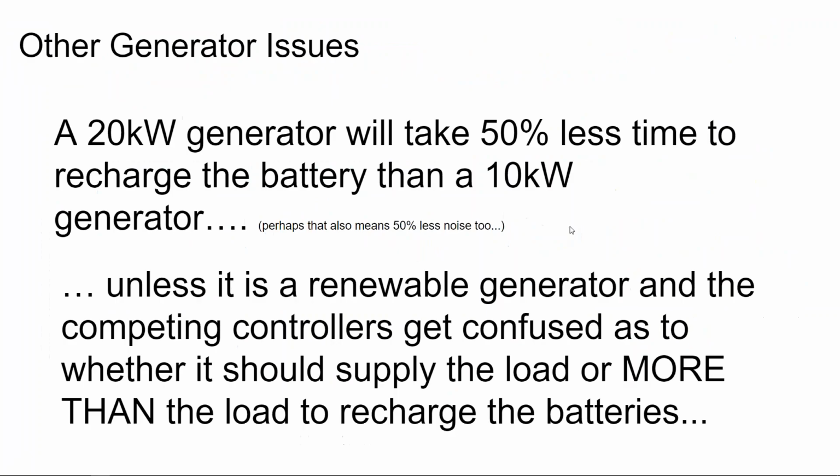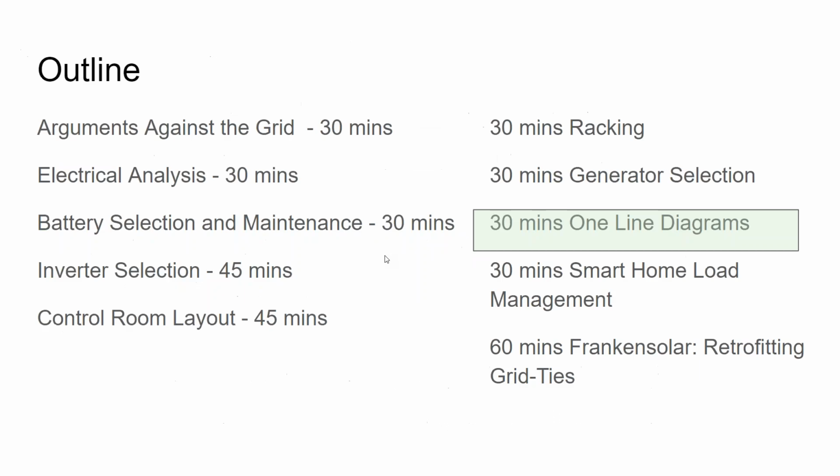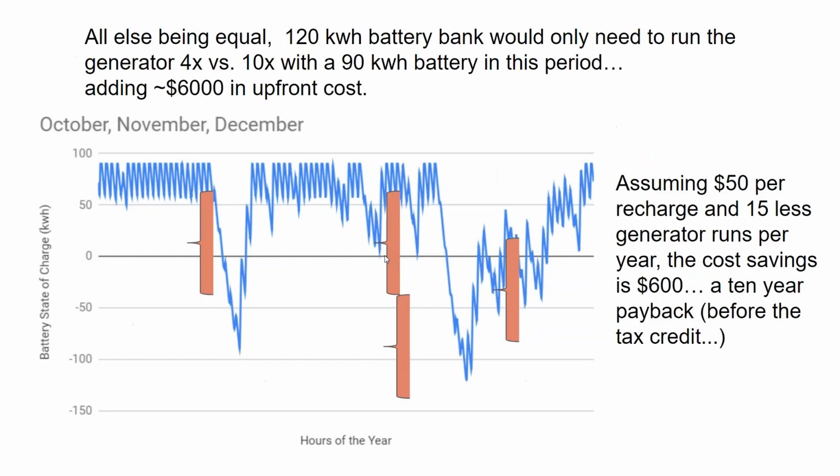And so I'll go in and compare, say, a 90 kilowatt hour battery bank that would require me running the generator 10 times a year versus 120 kilowatt hours that would require me to run the generator 4 times a year. How much money would that add to my upfront cost versus how much money am I going to be spending on gas for that increased runtime?